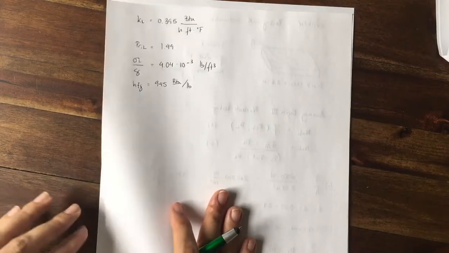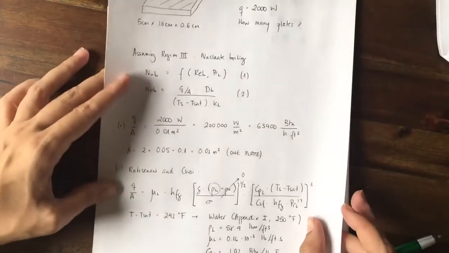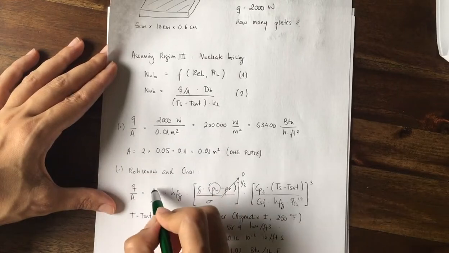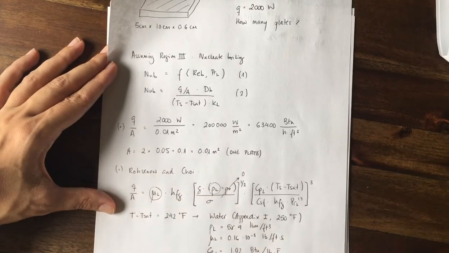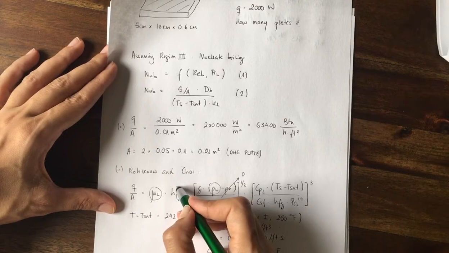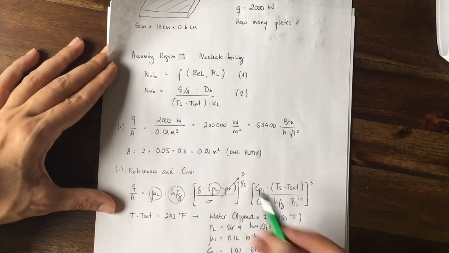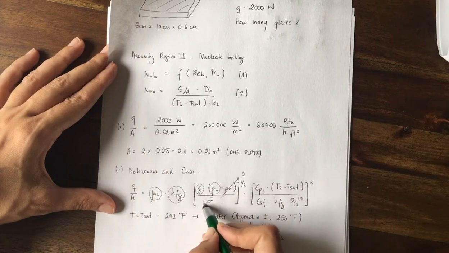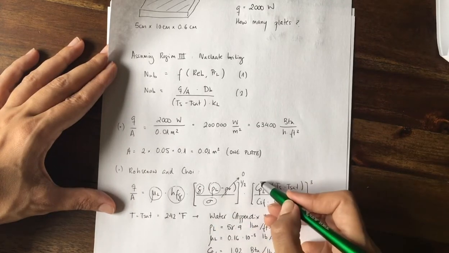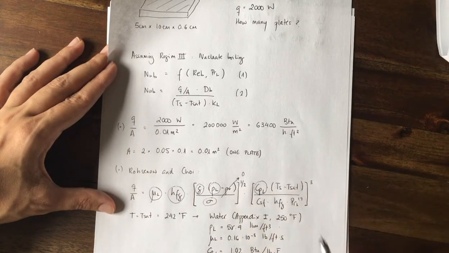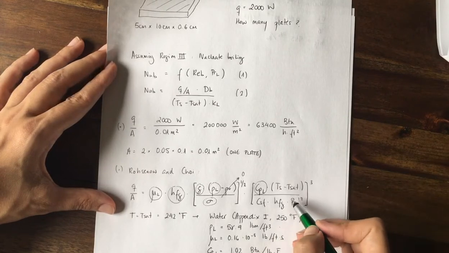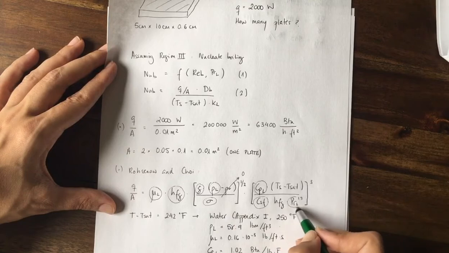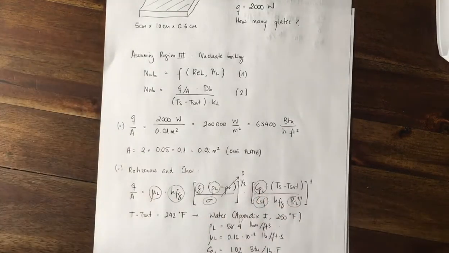So if we apply now this equation here, we have everything we need. We have the viscosity, we have the latent heat of vaporization, we have the acceleration, we have the surface tension, we have the thermal capacity, this coefficient here as well, we have the Prandtl number. So we have everything we need.